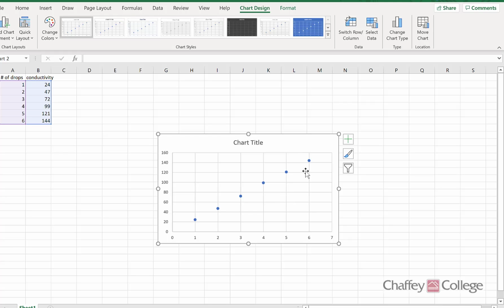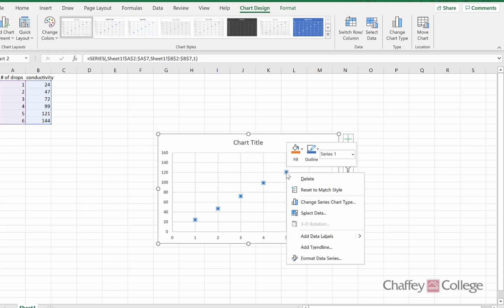The only thing needed is the slope value. For that, you need to click on these data points. It will select all the data points, and then you bring your cursor on the data and right-click, and this window will open, and you need to select add trend line.